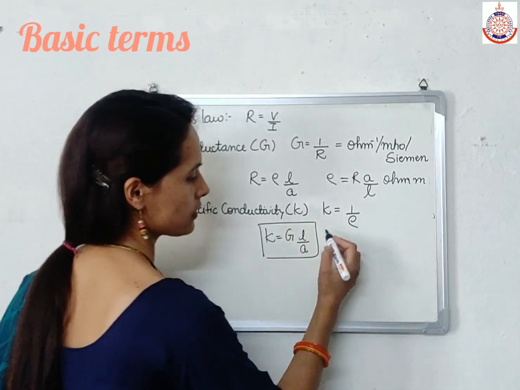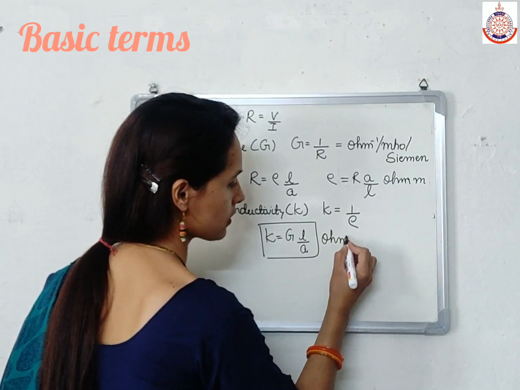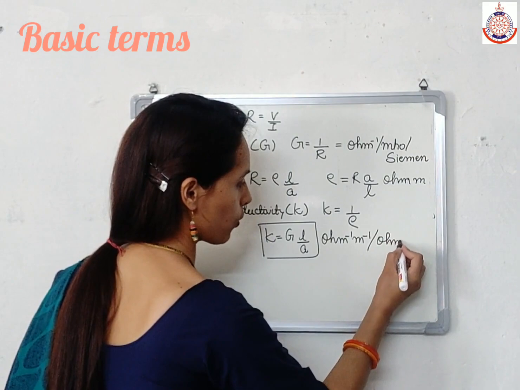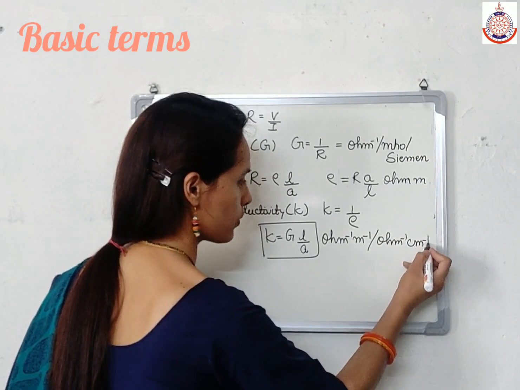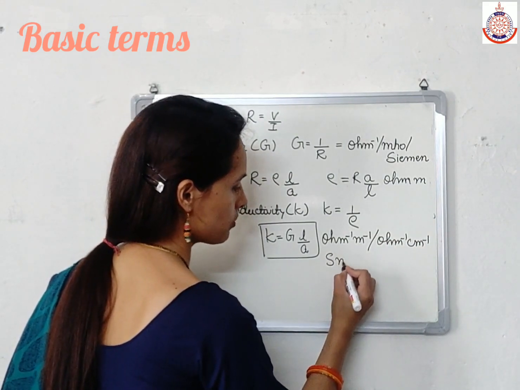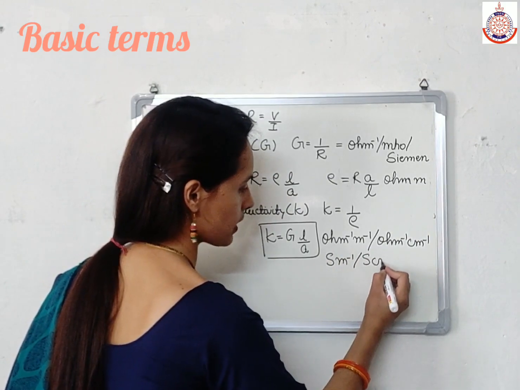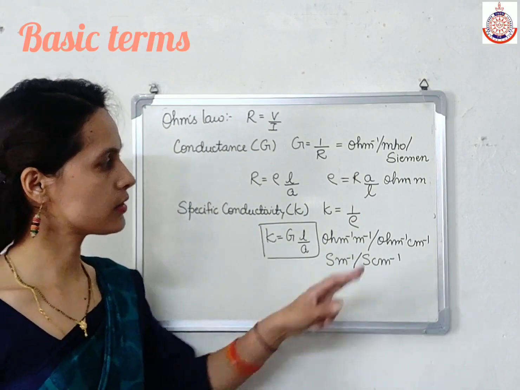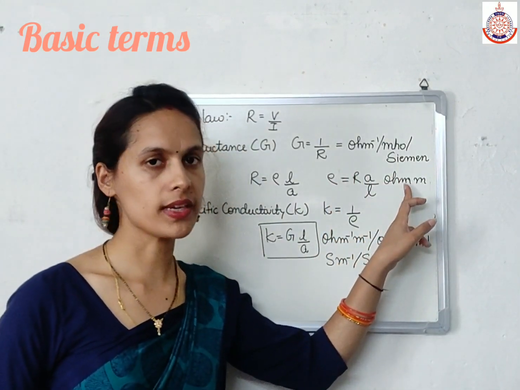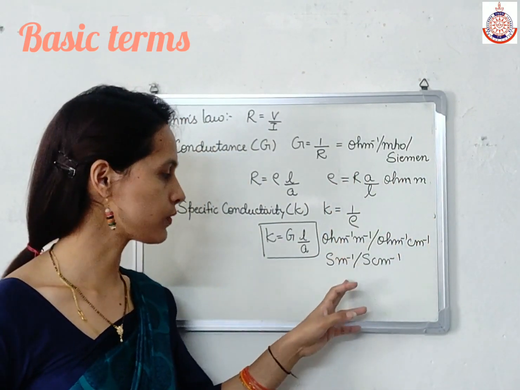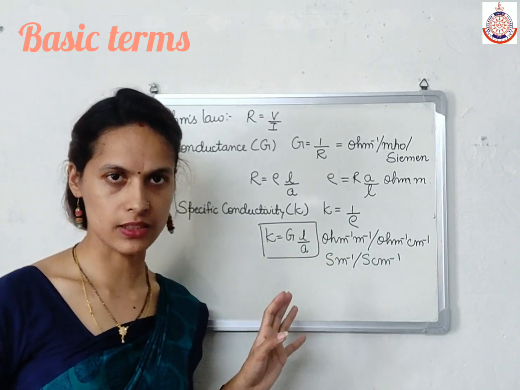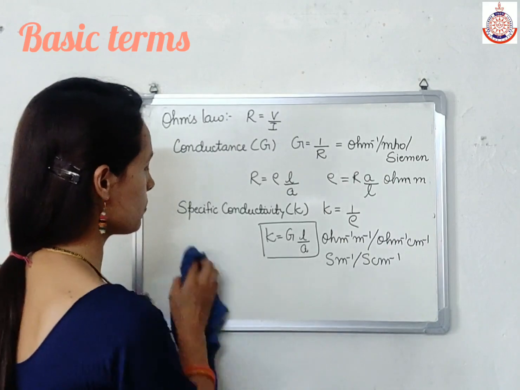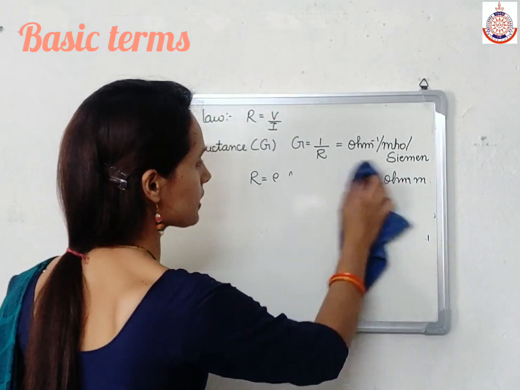So the unit of specific conductivity is ohm inverse meter inverse, or ohm inverse centimeter inverse, or Siemens meter inverse, or Siemens centimeter inverse. Clear? On the basis of the unit of resistivity, we can find the unit of the specific conductivity.